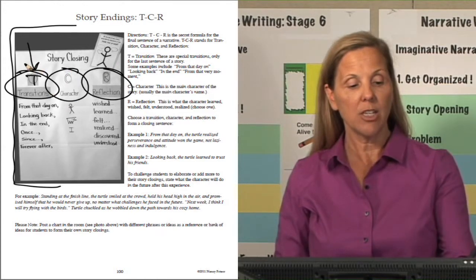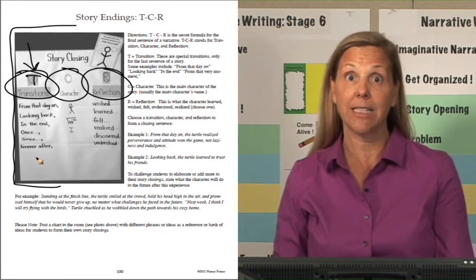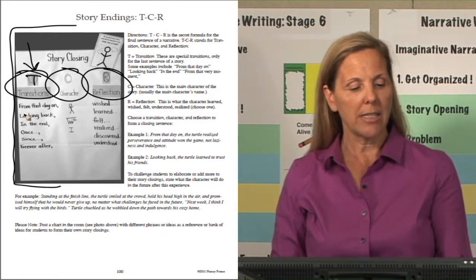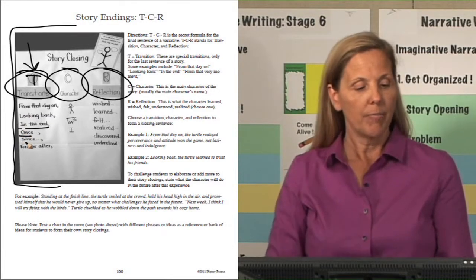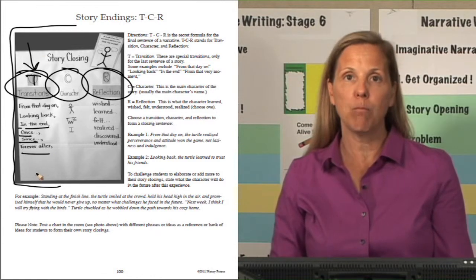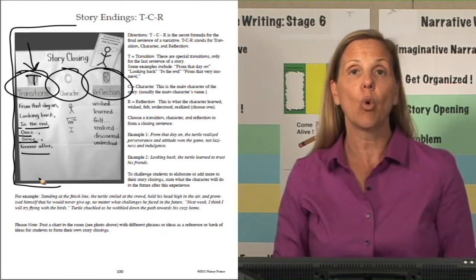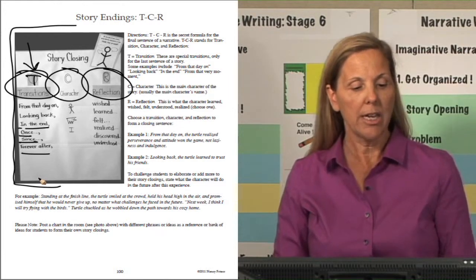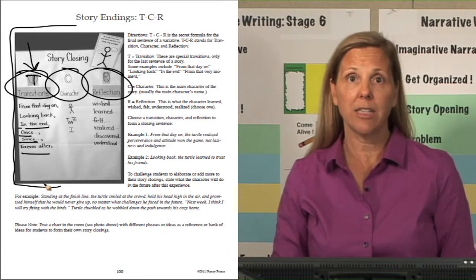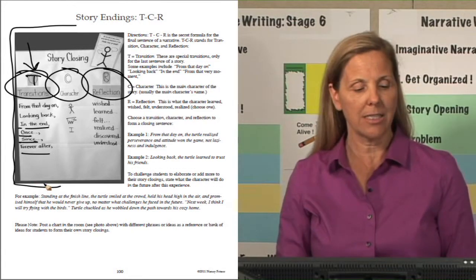You have different transitions for this last sentence, this story closing or ending. And that may be from that day on, looking back, in the end, once, since, forever after. You could keep adding more transitions to start your last sentence of the story. These are just starters for you. Please continue adding different ways to begin this last sentence.